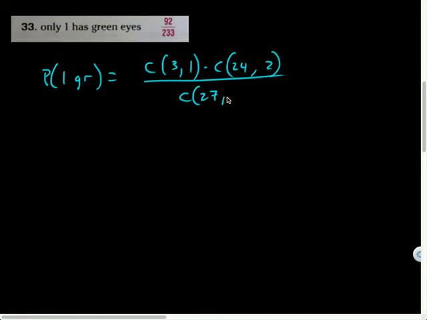Over combo 27, 3. So this is going to be 24 combo 2 is 276 times 3 is 828 over the same denominator of 2925.